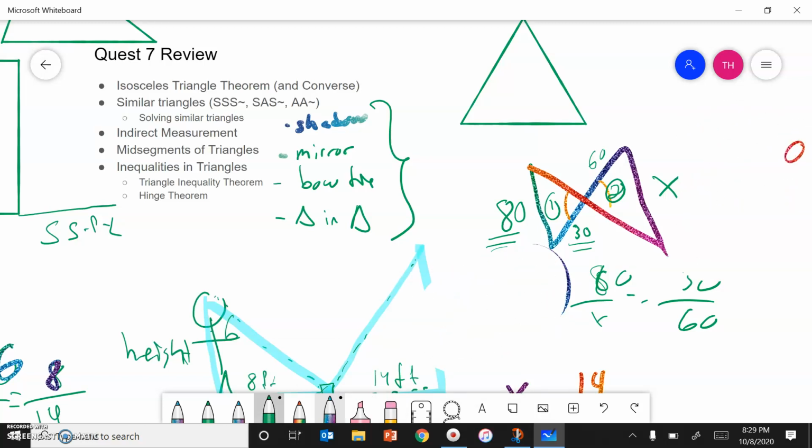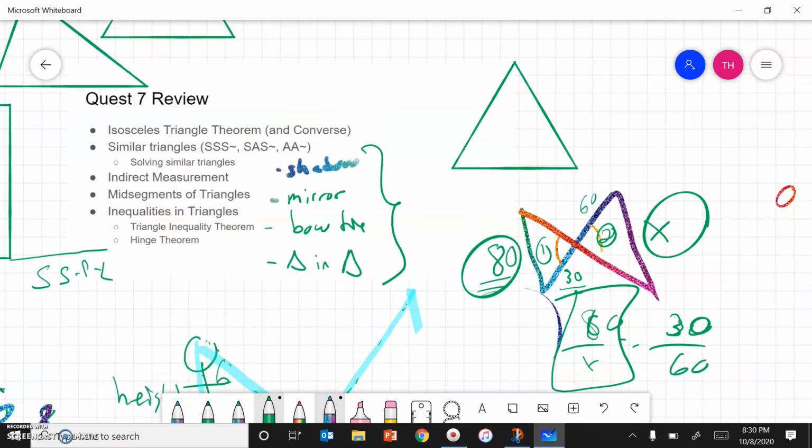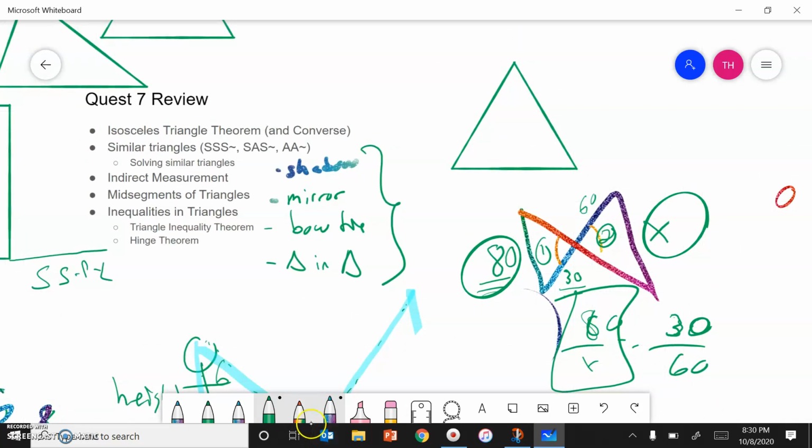Just do the parts that correspond to each other, put them in one ratio, and then the other parts that correspond to each other, put them in the other ratio. Okay? And then for the triangle within a triangle, the most important part was understanding that this angle is shared by both triangles.